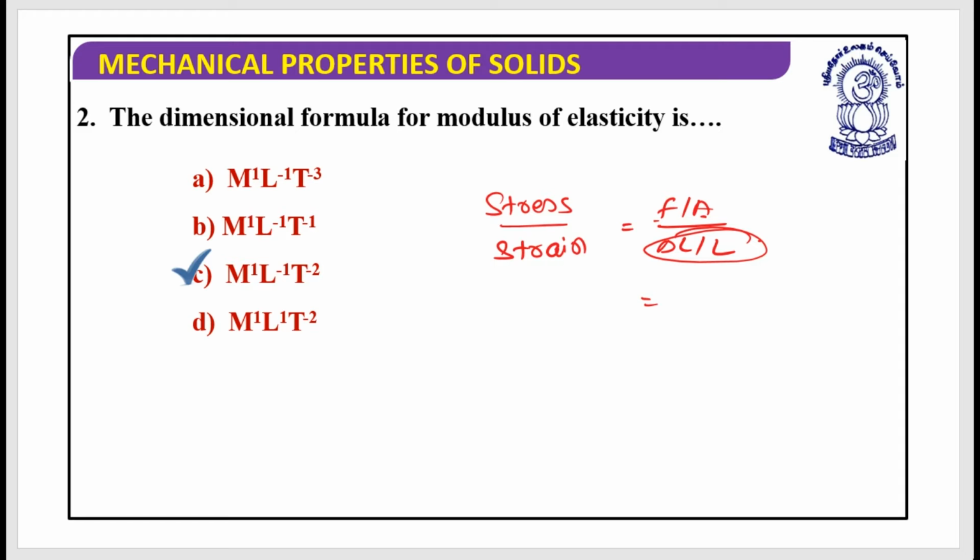Force is kg into meter per second square, and area is meter square, so this equals kg per meter into second square. This is M1 L minus 1 T minus 2.